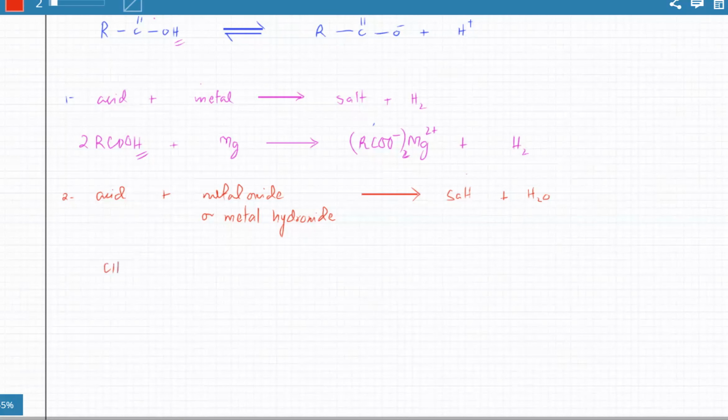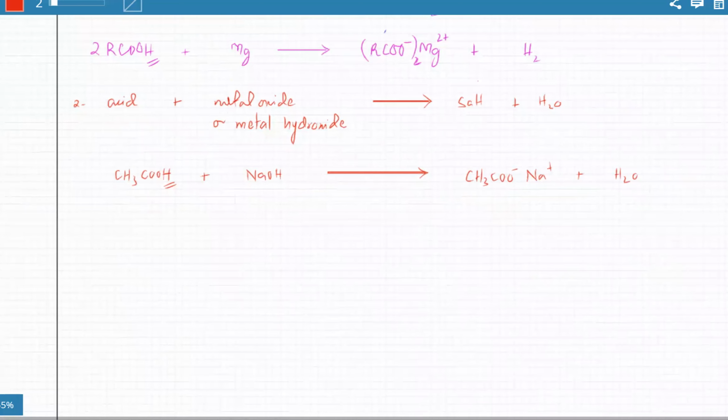So that's CH3COOH, C double bond O and OH. You react it with the base NaOH, and a salt is produced, which in this case is CH3CO minus 1 and Na plus 1, plus water molecule. So remember, it's always the carboxylic acid H that gets replaced by the metal ion.